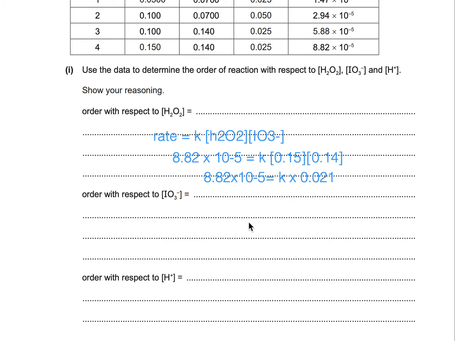So we divide 8.82 by 0.021 and we get the answer, 4.2 multiplied by 10 raised to power minus 3.